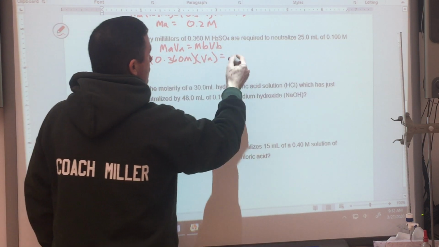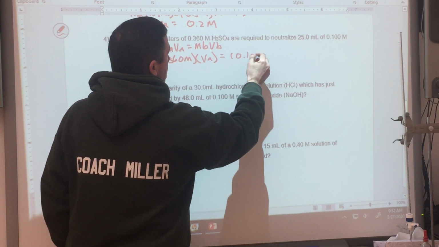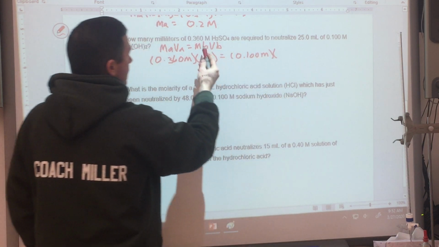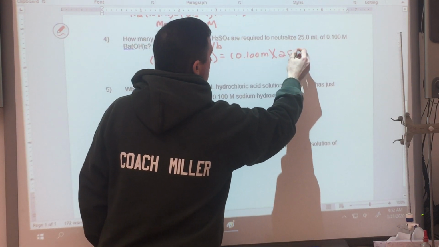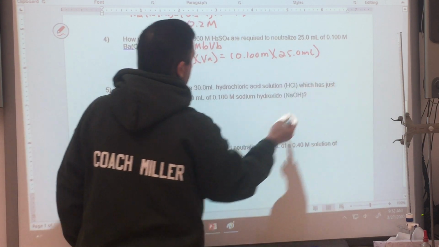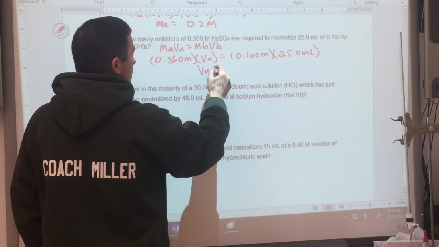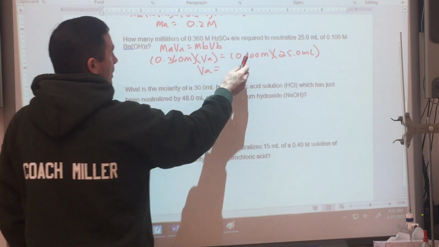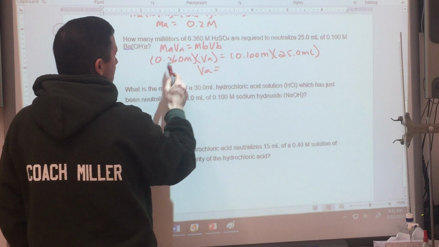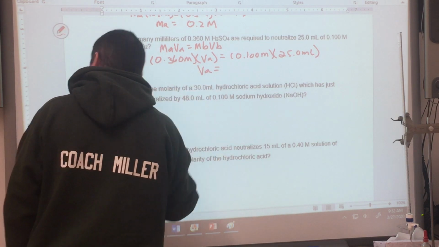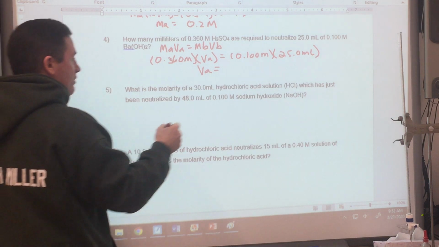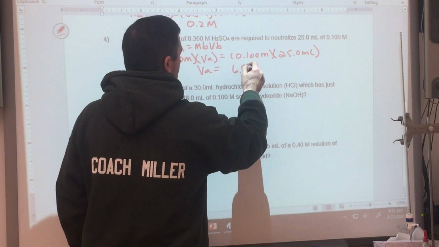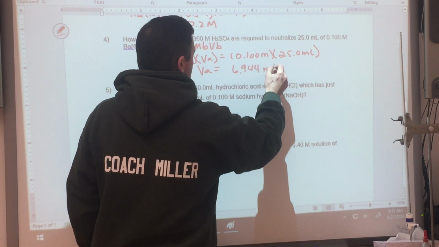Molarity of the base is 0.1, and the volume of the base is 25 milliliters. I'm solving for volume of acid. I multiply this by this and divide it by 0.36. And I get as an answer 6.944 milliliters.